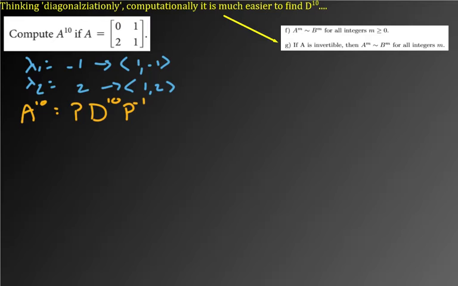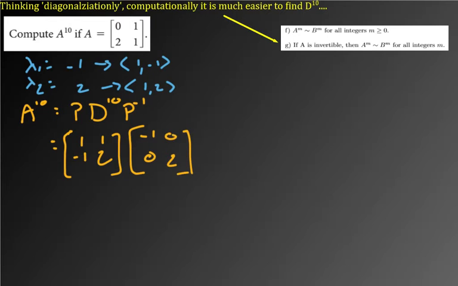You can create the matrix 1, negative 1, 1, 2, your matrix built out of eigenvectors. And then D is the eigenvalues, and here I can just do those zeros. We're going to raise that to the 10th. And then P inverse, if you do that on your calculator, you get 2/3, 1/3, negative 1/3, and 1/3.